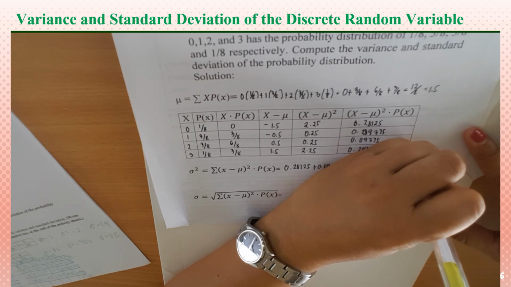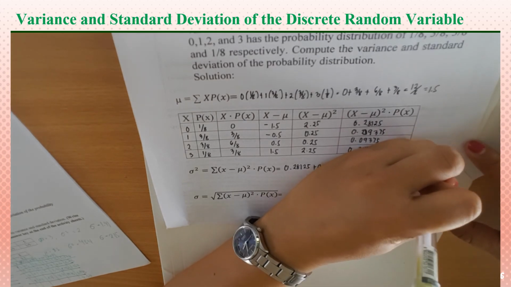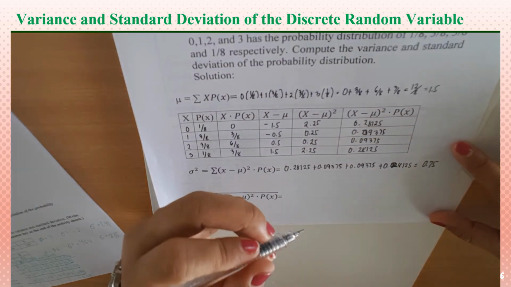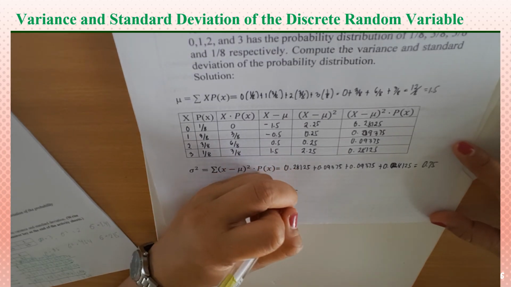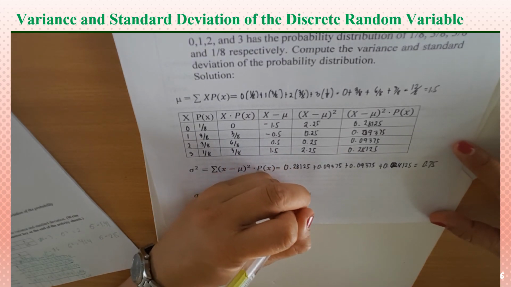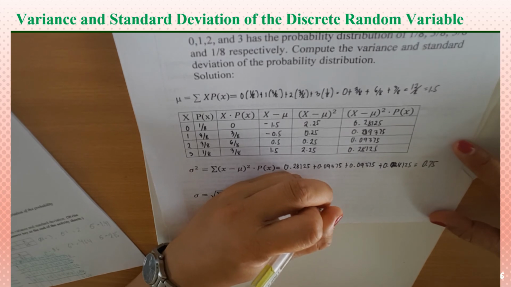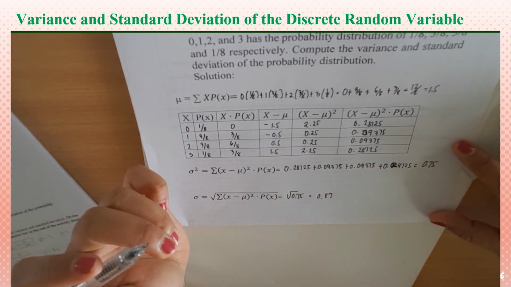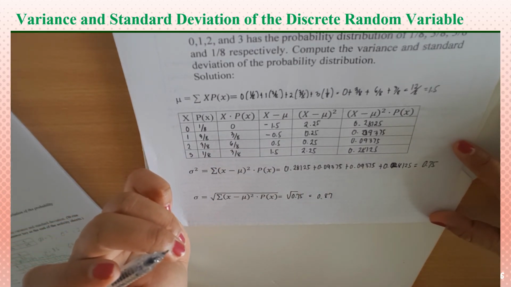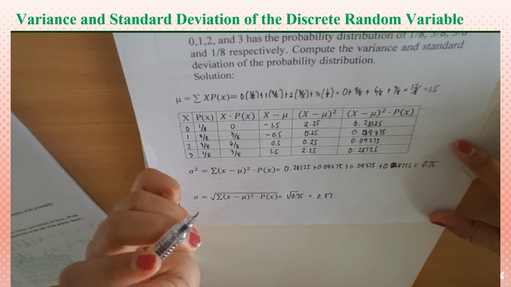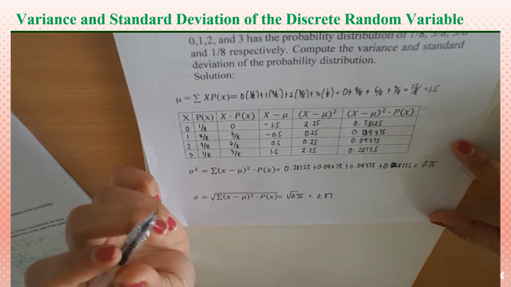Summing it up, that would give you 0.75. So for your standard deviation, that is the square root of 0.75, which is equal to 0.87. So therefore, your variance is 0.75 and your standard deviation is 0.87. So it is not 1.5.